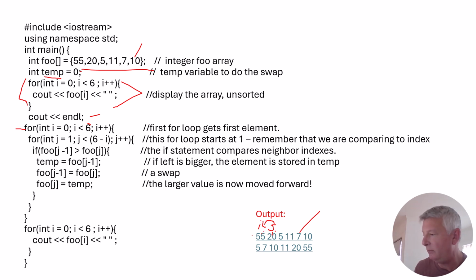Temp is going to equal 55, right? Now we got 55 held here. And then the index of j minus 1 is going to equal j. Look, that swaps. j minus 1 is going to be 20, and then j is going to be 55. That's my swap. That only happens if the number is bigger. So it goes through.